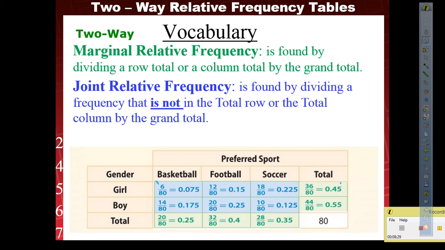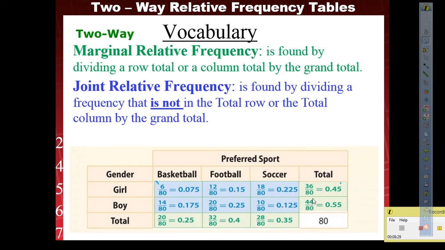Did everybody hear that? To put it in general terms, to find the marginal and the joint relative frequencies, we need to divide by what? By the total. The grand total.